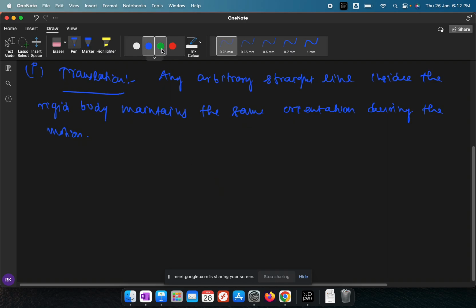Okay, so if you take one example, suppose you have a rigid body and you take arbitrary points like a1 and b1, and imagine a straight line.